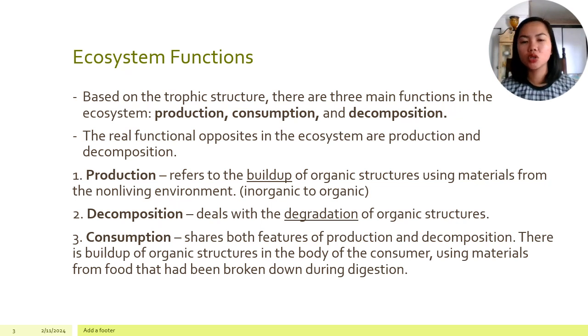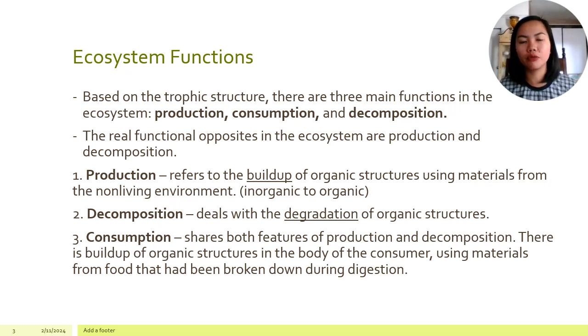When we say production, there is a build-up of organic structures using materials from the non-living environment. So for example, inorganic to organic. In the process of photosynthesis, green plants or any plants usually manufacture their own food.